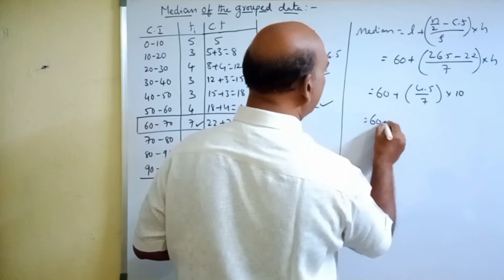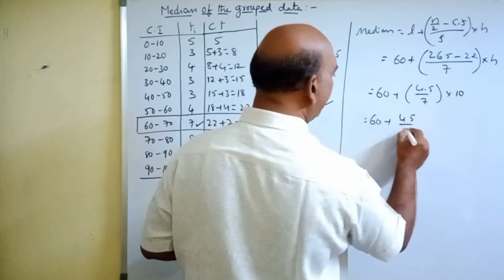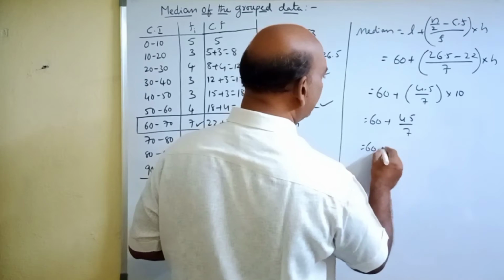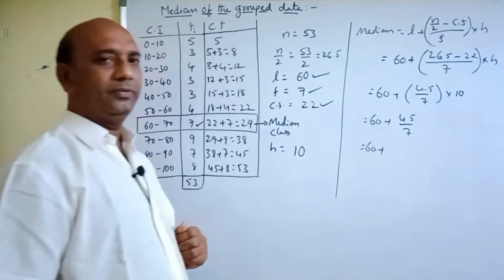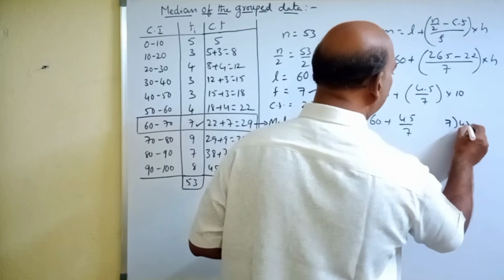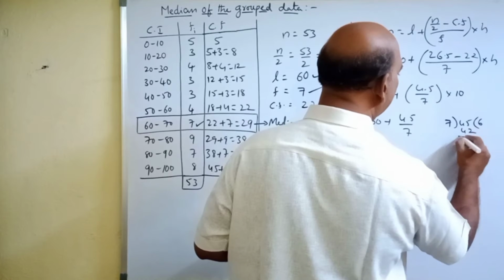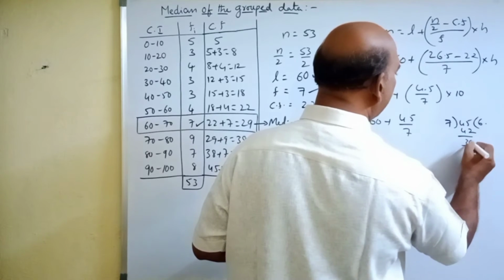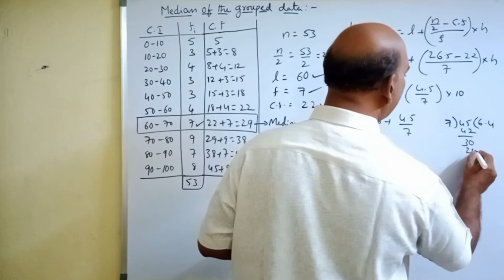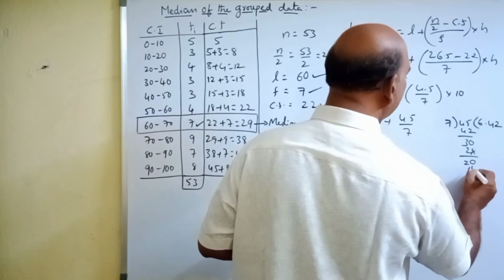This is equal to 60 plus 4.5 into 10, which is 45, by 7. Divide 45 by 7 up to 2 decimal places. 7 5s are 35, 7 6s are 42, 3 will be there; put a point and take 0. 7 4s are 28, 2 will be there and take 0. 7 2s are 14.